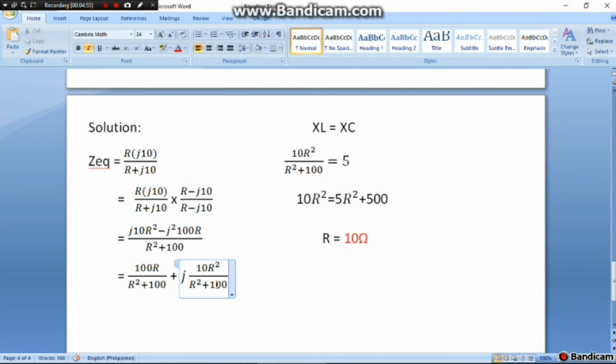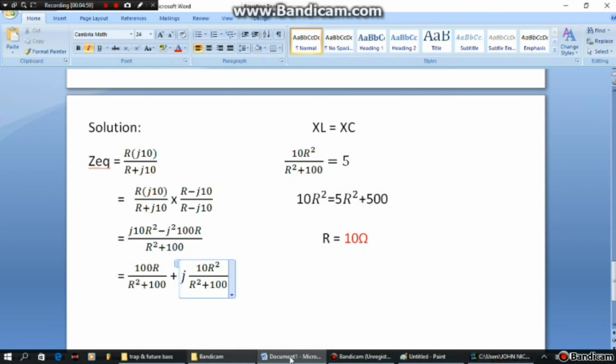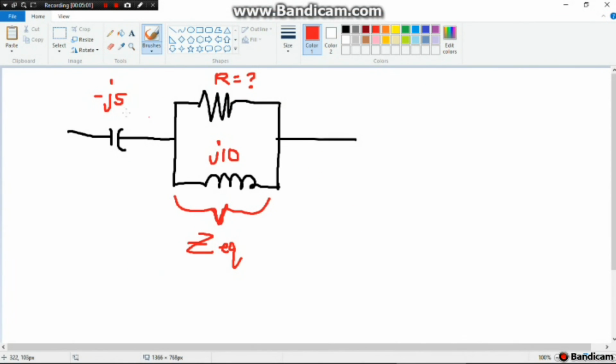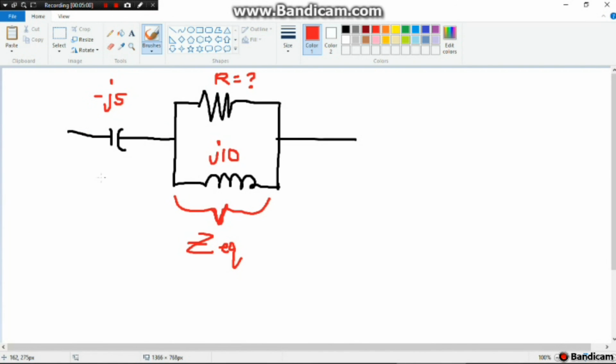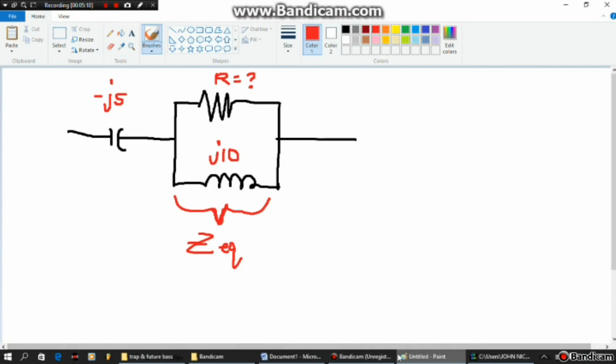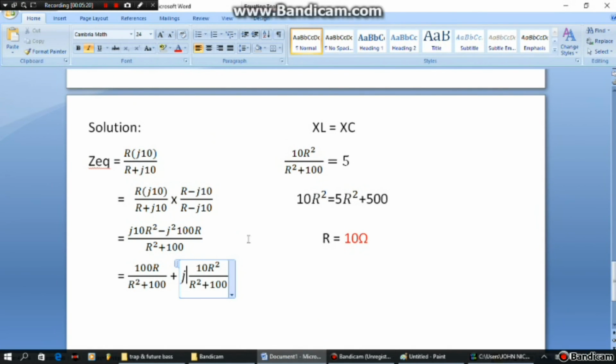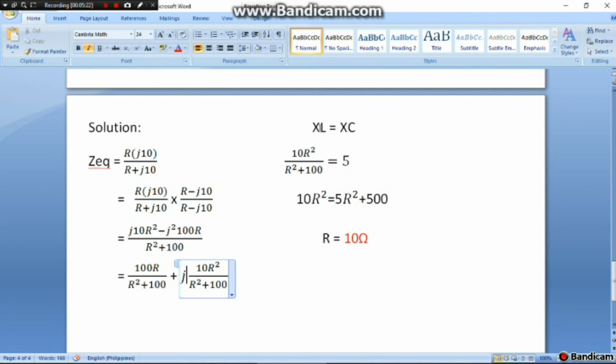Take note that our circuit is in series. To attain resonance in series resonance circuits, the capacitive reactance and the inductive reactance must be equal. We will use that to solve for the value of R. So inductive reactance equals capacitive reactance.